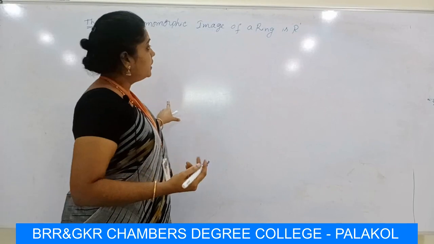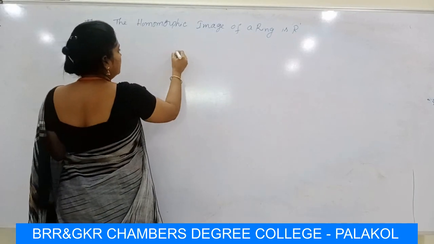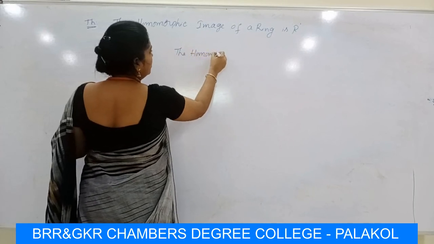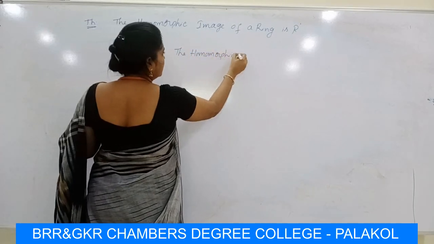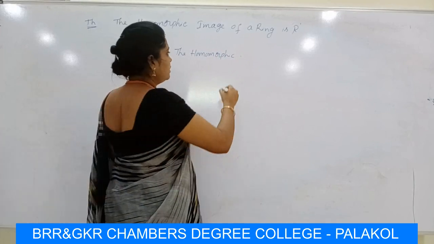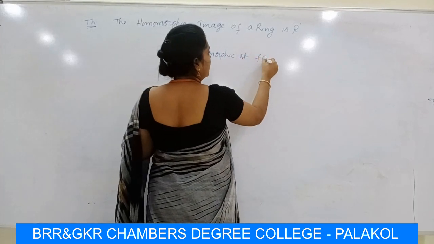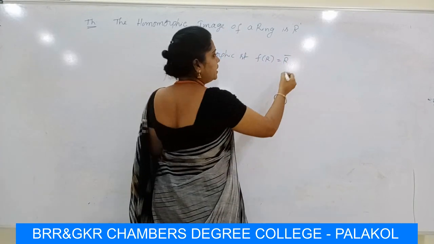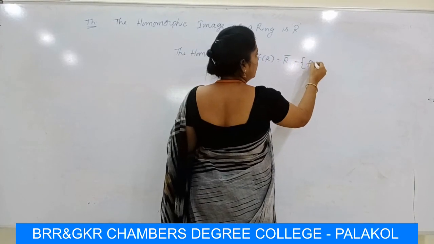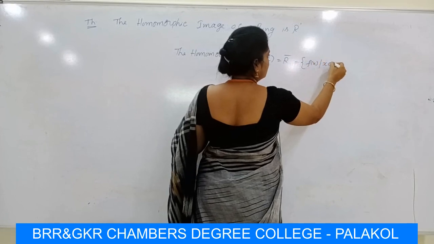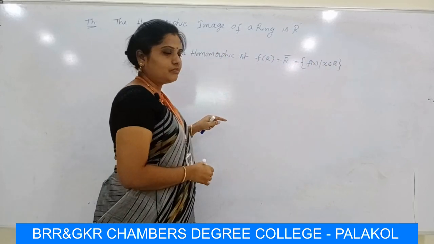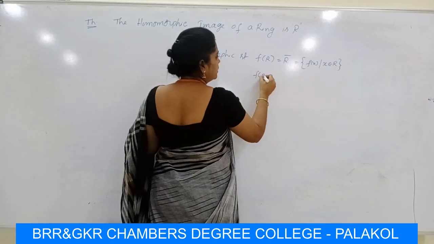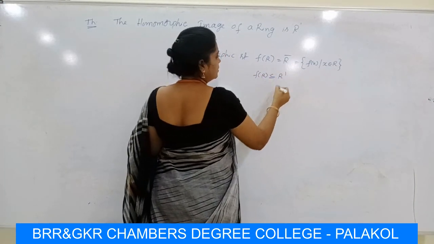What is the homomorphic image? That is the homomorphic image set. The homomorphic image set is denoted as f of R, that is equal to R bar, which contains elements f of x such that x belongs to R. It is obviously a subset of R dash.